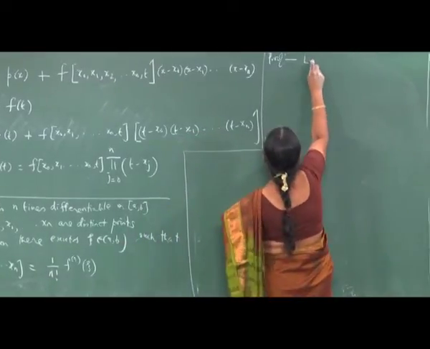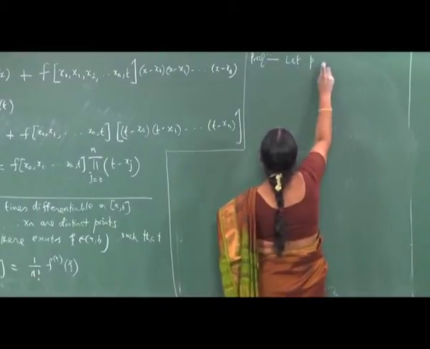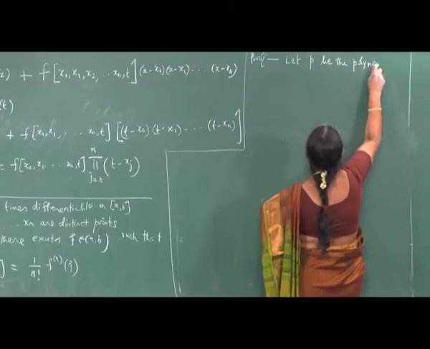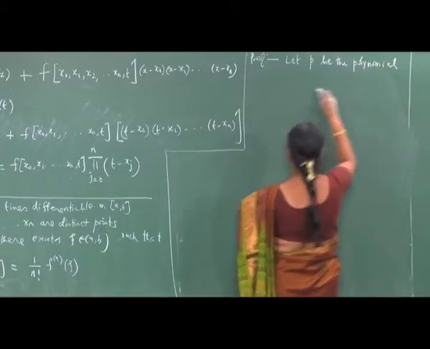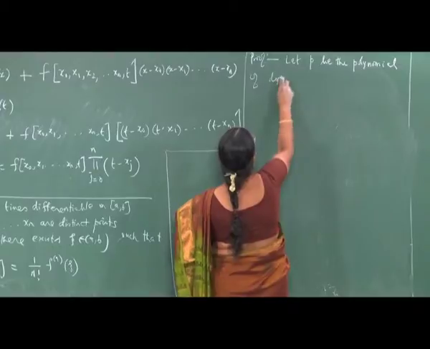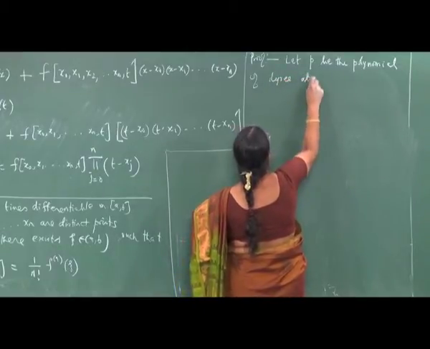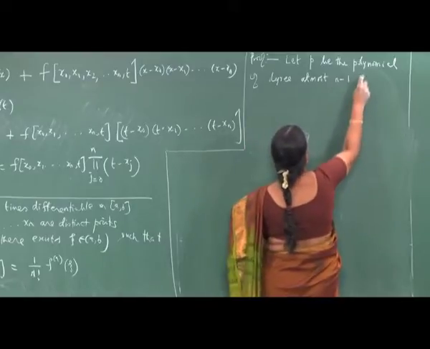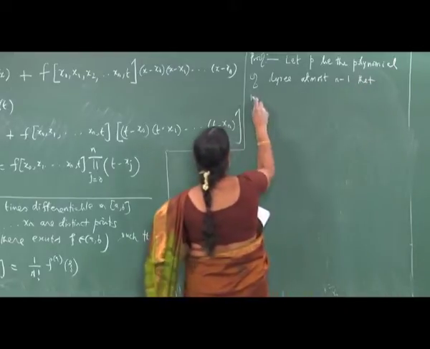So, let us take P to be the interpolating polynomial of degree at most n minus 1 that interpolates the function f.